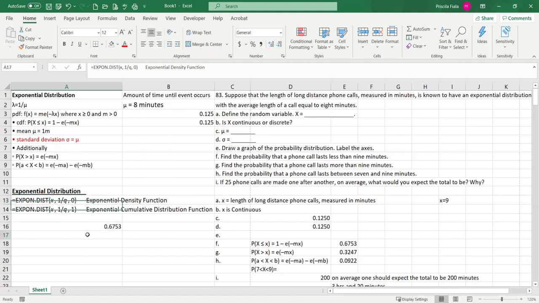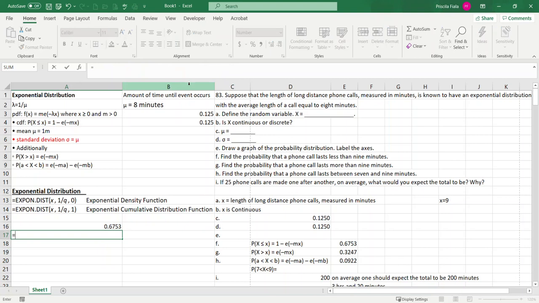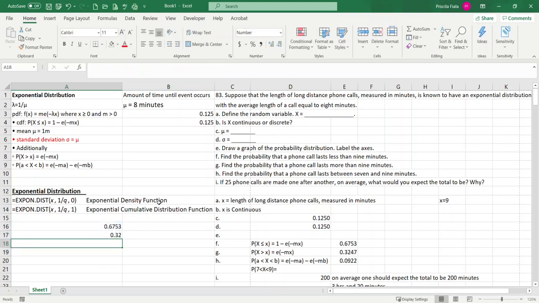Okay, so now for the other one, now we're looking for more than 9 minutes, right? So this is less than, more than. Okay, so all we have to do is do equals 1 minus the difference. So which would be 0.3247. Find the probability that a phone call lasts between 7 and 9.